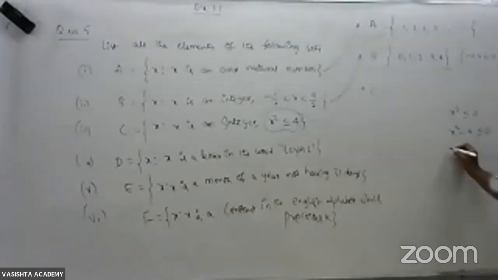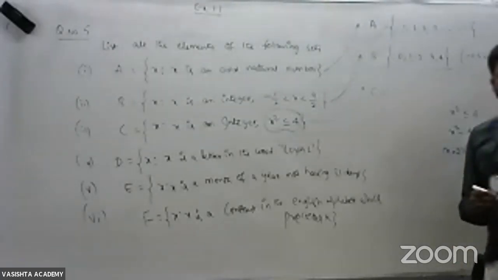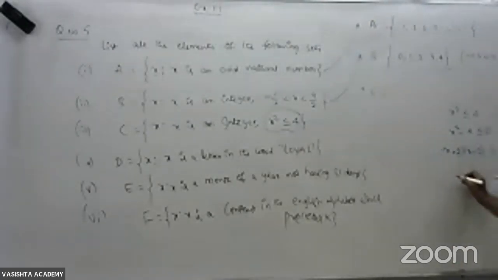Isn't it? Now can I factorize this as x plus 2 into x minus 2 less than or equal to 0? Now using the wavy curve method, if you remember, you have to write down the roots of this expression, that is minus 2 and plus 2. And obviously the rightmost value, when x is greater than 2, it will be plus. This is minus and this is plus.